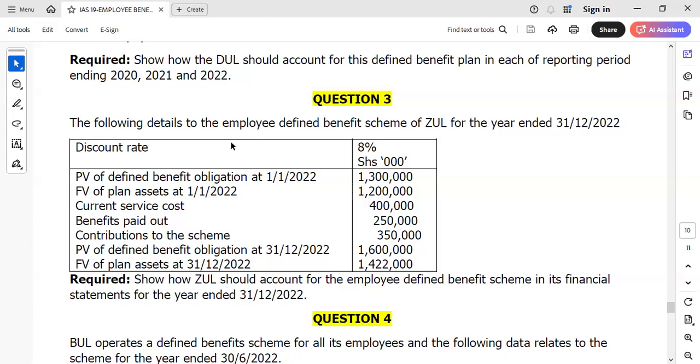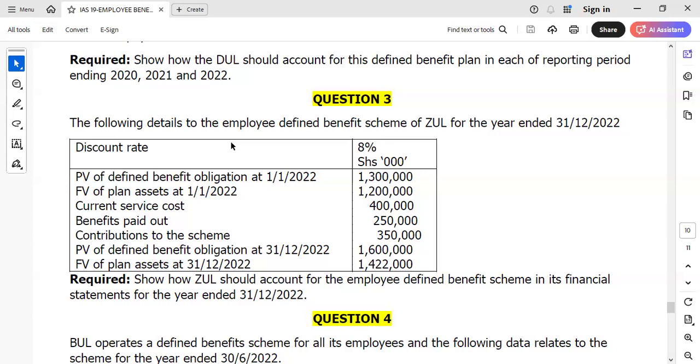When they say you show how Zurich should account, you don't need to just immediately start answering. You need to give the background of the standard. We need to know what should appear in profit or loss and what should appear in our balance sheet.